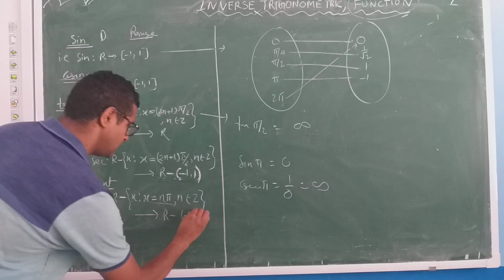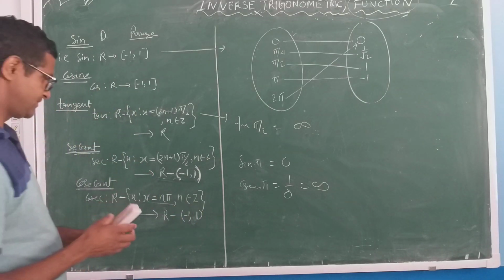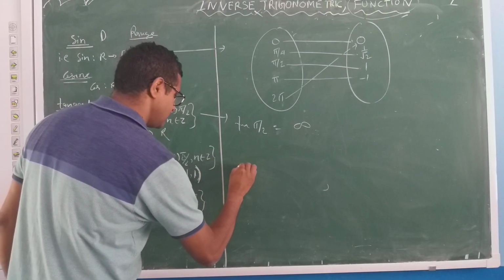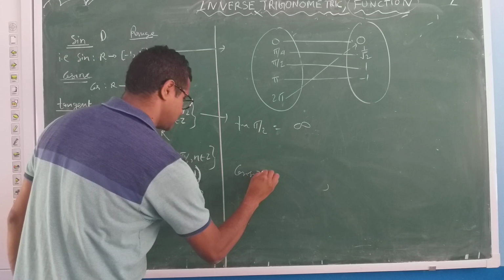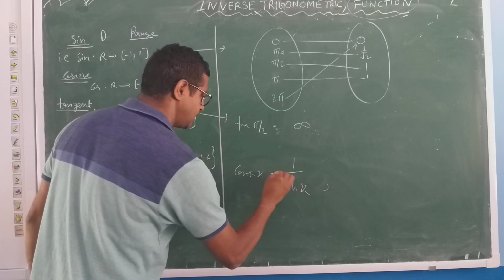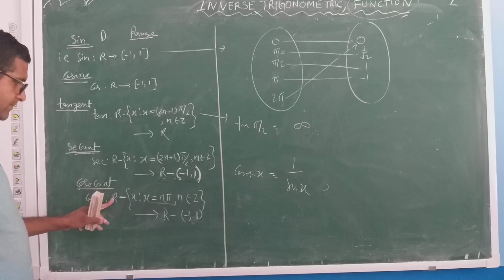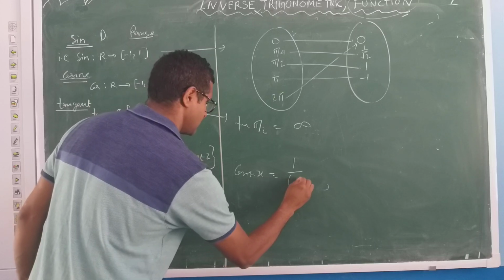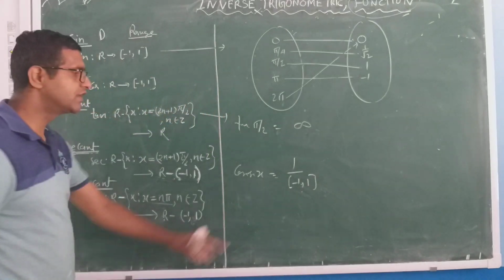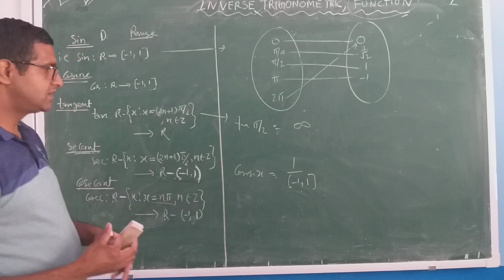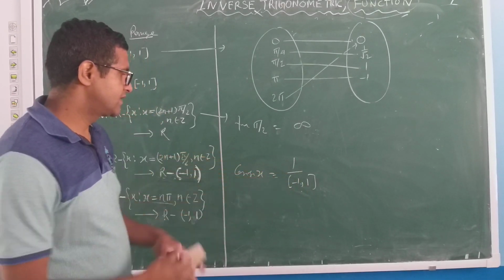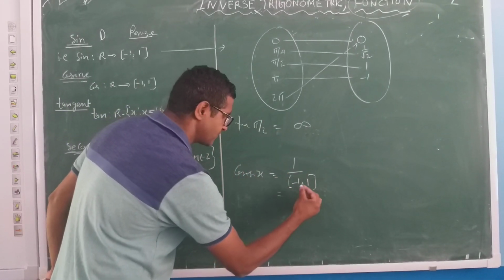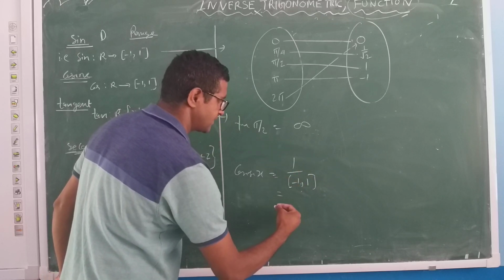Now its range. Why is its range excluding this? Since cosec x equals 1 upon sin x, for real numbers, if sin x is between -1 and 1, including -1 and 1, what will you get? You can get -1 and 1, but you will also get values beyond this. Why?